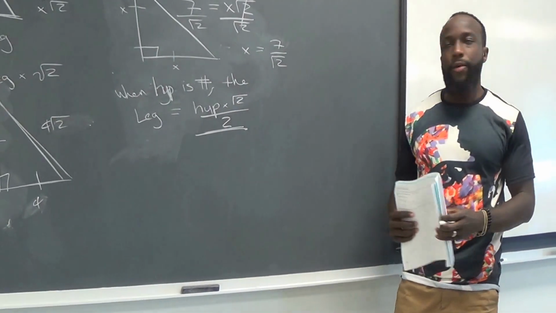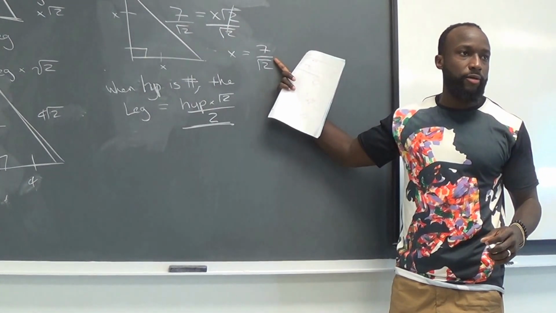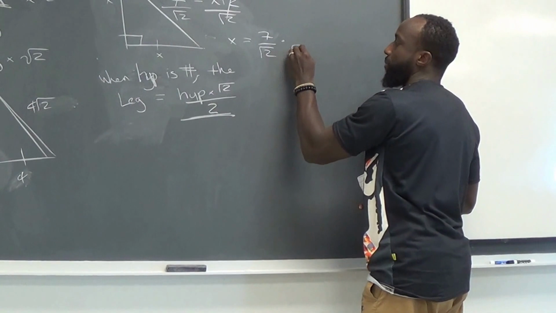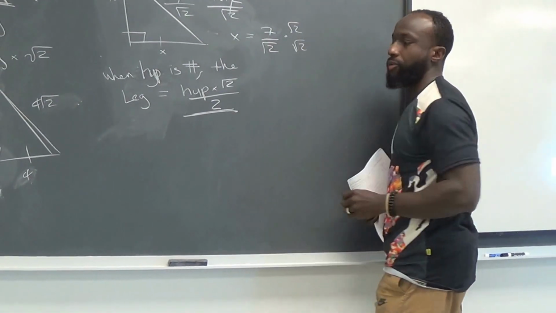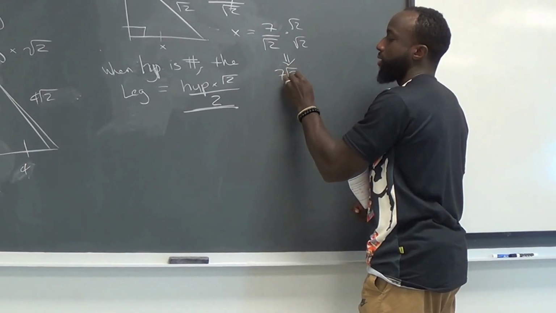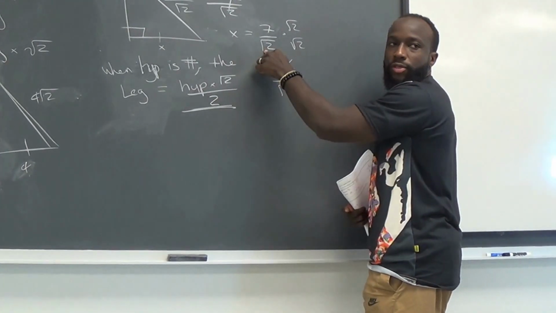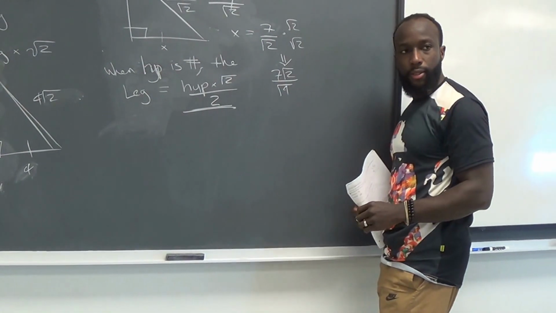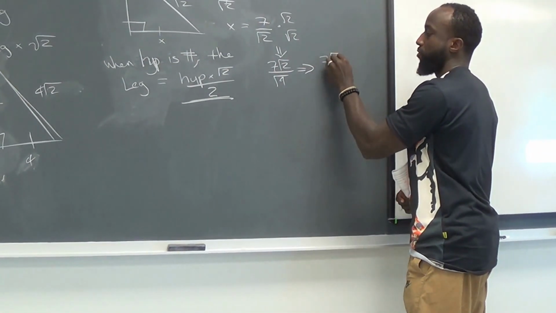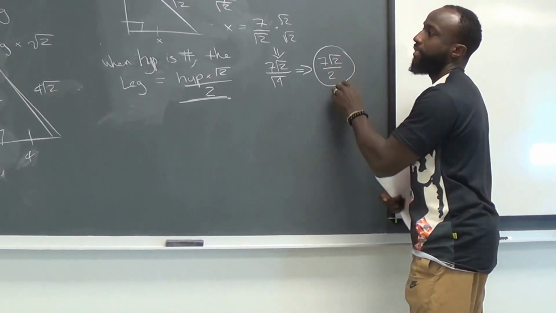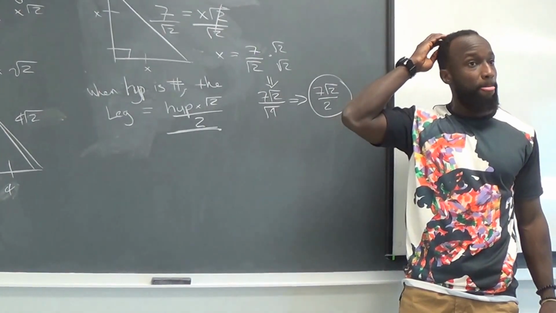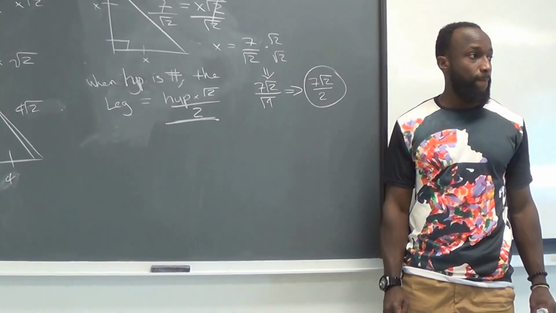But as we learned, we can't leave a radical in the denominator. So we multiply the top and the bottom by that radical. When you do that, you have 7 root 2 at the top, and root 2 times root 2 is root 4, which simplifies to 2. So you get 7 root 2 over 2. That's the math behind this particular rule.